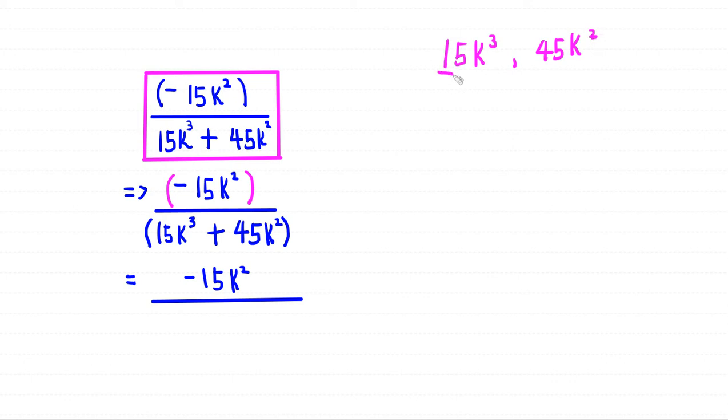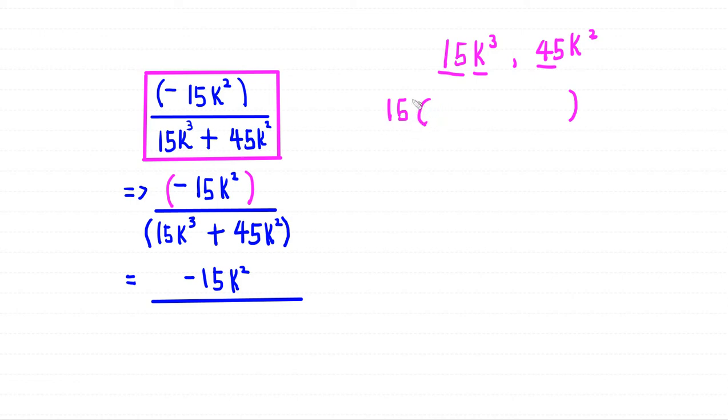We can only simplify like terms. Looking at the numbers, 15 and 45 are both divisible by 15, so I'll write 15 right over here. And the greatest common divisor of the k terms is k squared, so I write k squared.